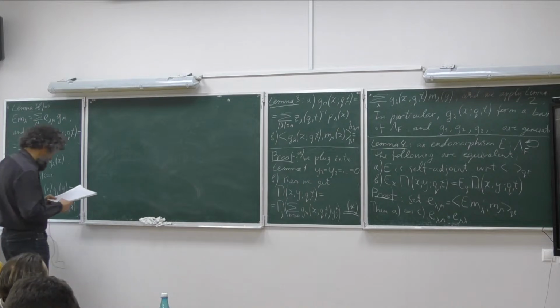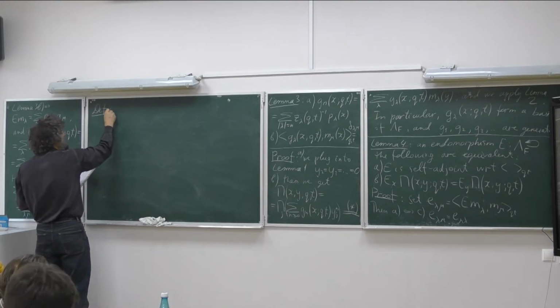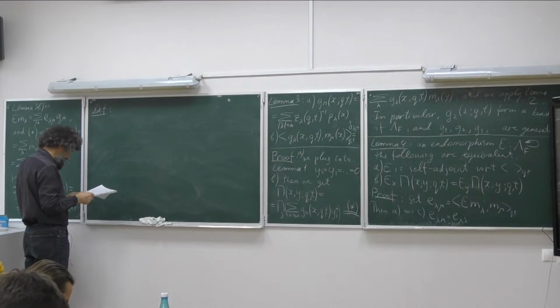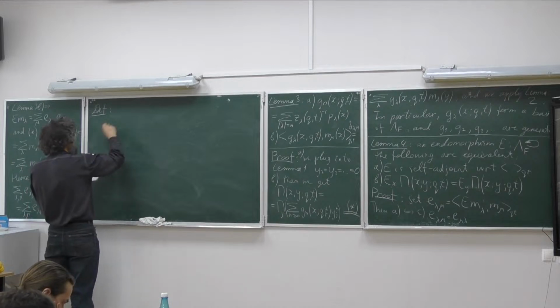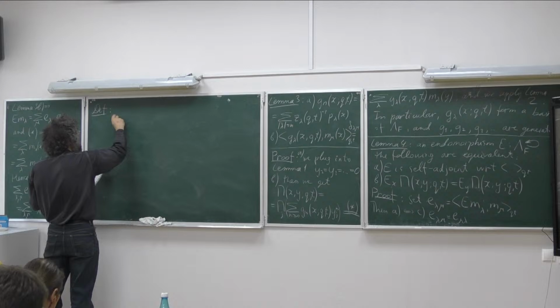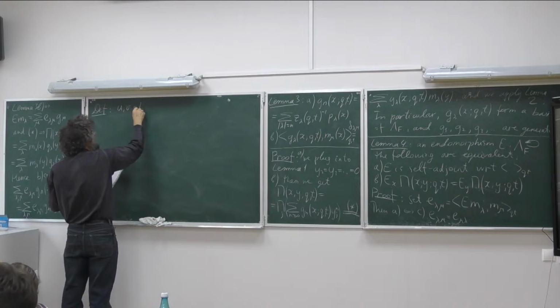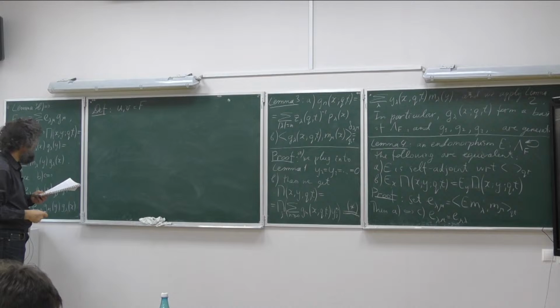Okay, so now one more definition, and essentially no more definitions for today. So we have some good luck. Now we have two elements, u and v. They're not bases anymore, but they are just two rational expressions in t and q.